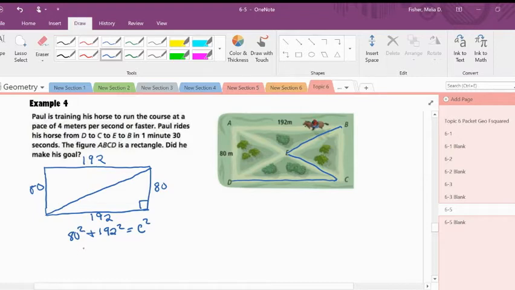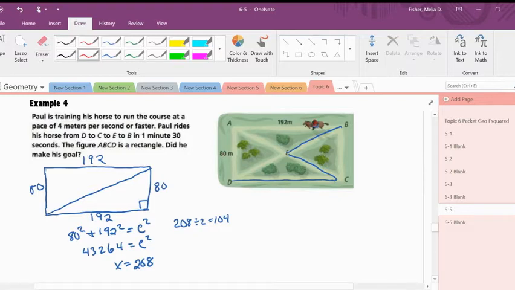That is 43,264 equals c squared. And taking the square root, we get x equals 208. 208 divided by 2 equals 104.